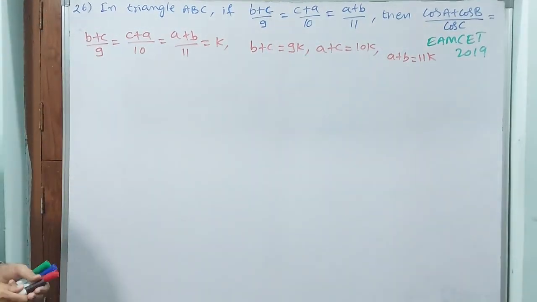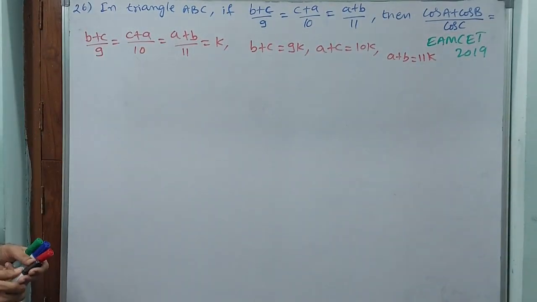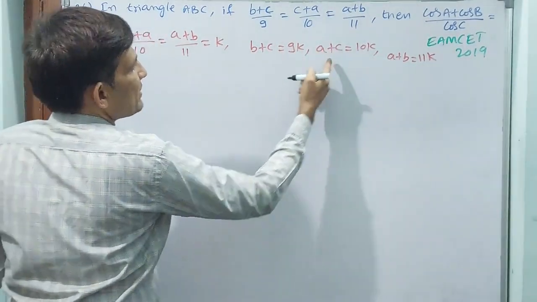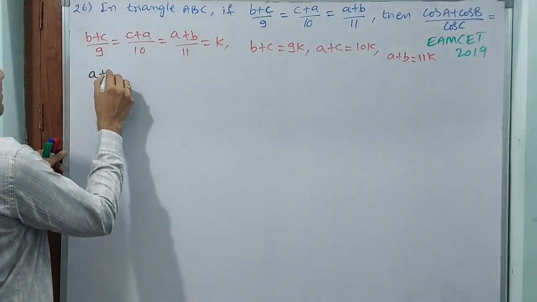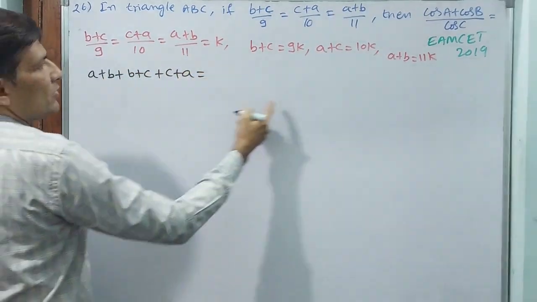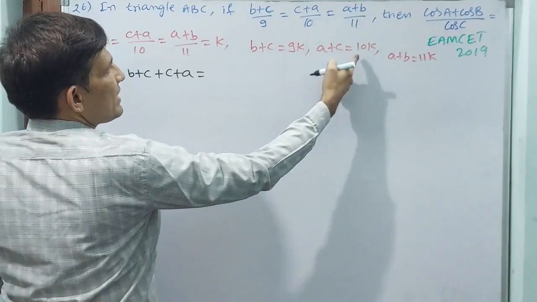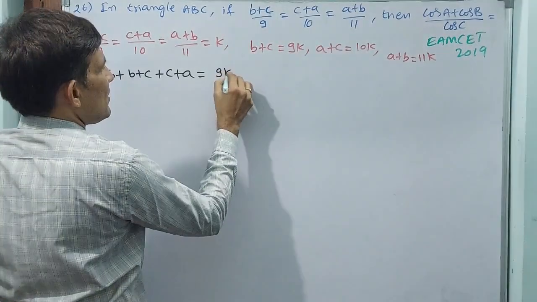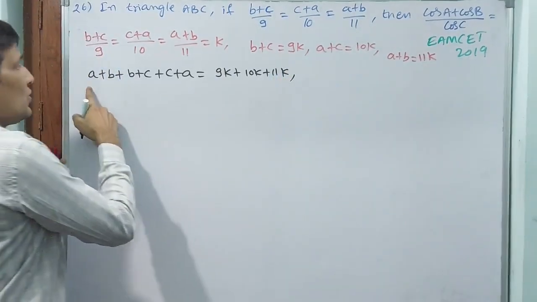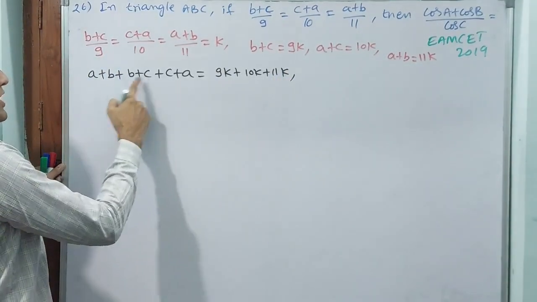Now I want to add all. That means A plus B plus B plus C plus C plus A is equal to 11K, 9K, 10K, that is 9K plus 10K plus 11K. See, each is 2 times, so 2A, 2B, 2C.